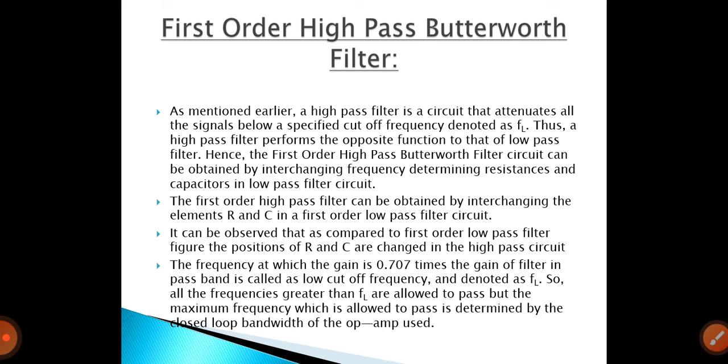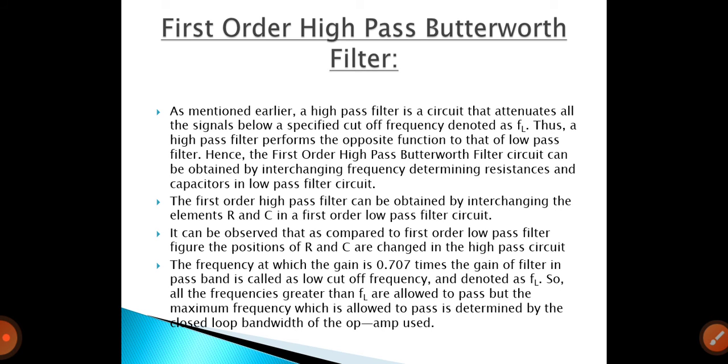Thus, a high pass filter performs the opposite function to the low pass filter. Hence, the first order high pass Butterworth filter circuit can be obtained by interchanging the frequency determining resistances and the capacitance in the low pass filter circuit.